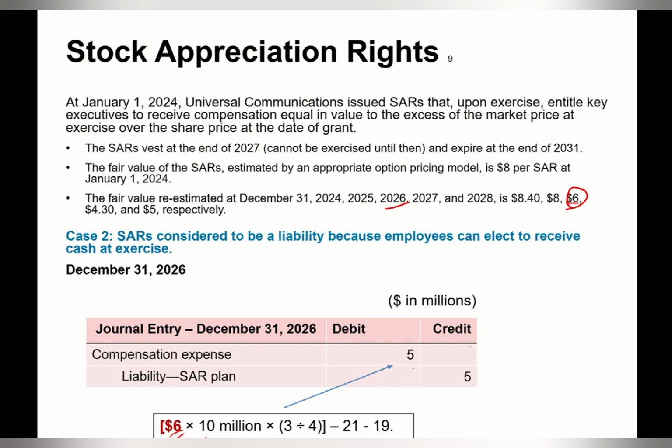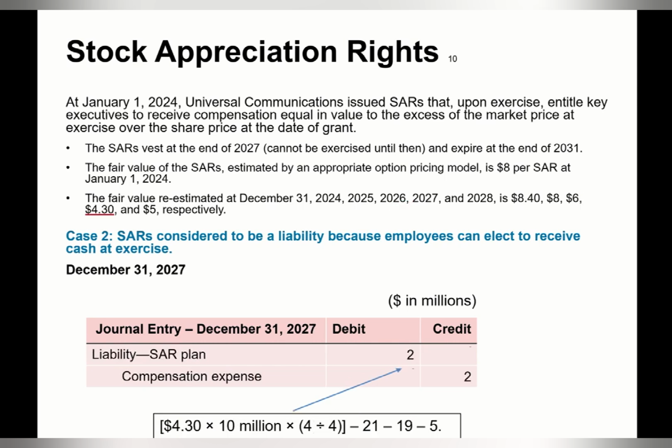So 6 times 10 million SARs times, this is 3 years accumulated. So it's 3 over 4 minus 21 recognized in 24 and 19 recognized in 25. So this year compensation expense will be debited 5 million and the liability will be credited by 5 million.